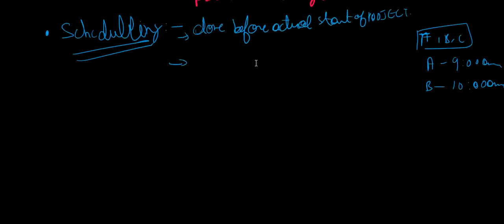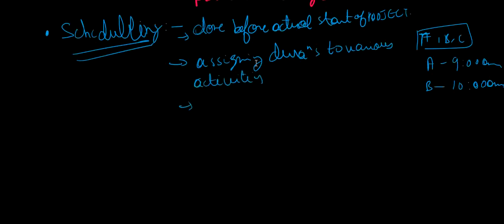So it involves assigning of durations and timestamps, assigning durations to various activities. It also involves resource allocation: how much and what amount of resource is to be allocated for different activities. So that also comes in our scheduling phase.